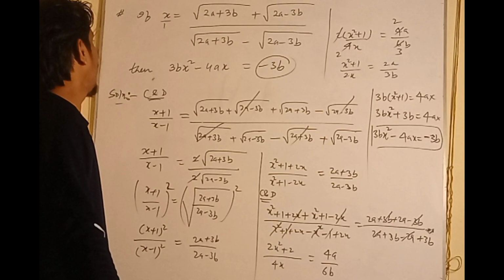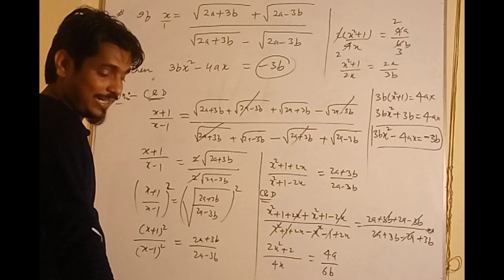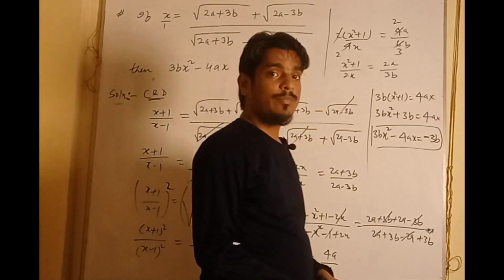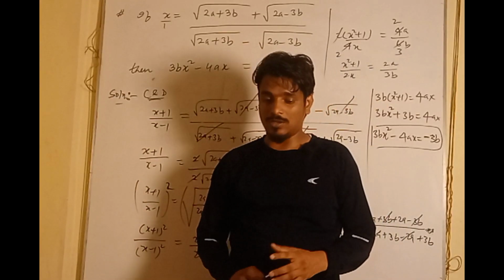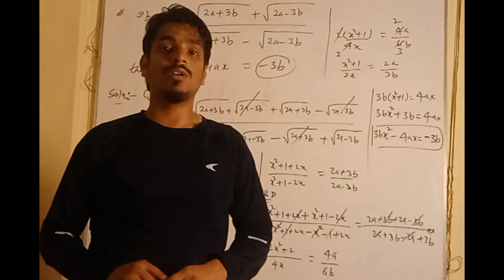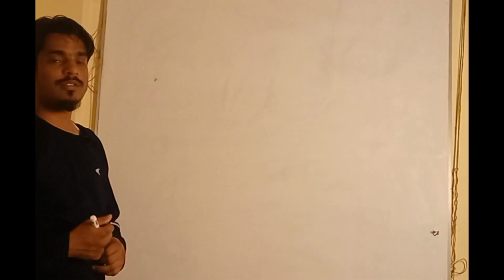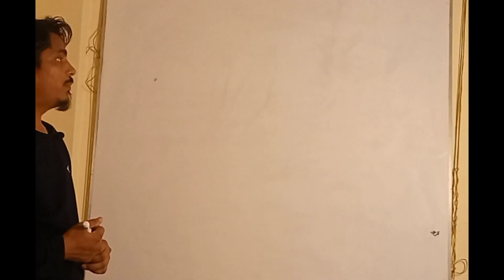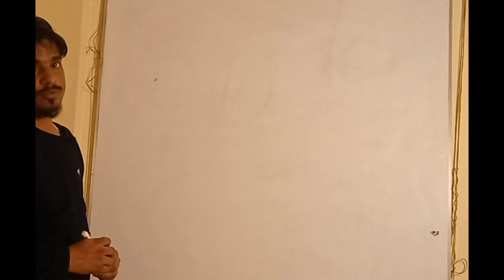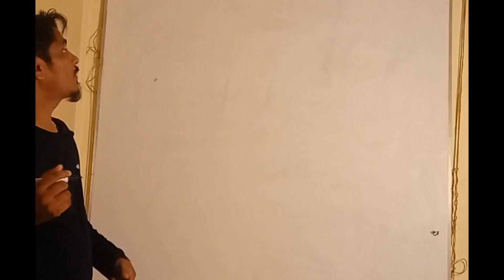Okay. So now let's move to the very important properties in ratio and proportion, that is the K method. Now let's see some more properties on ratio and proportion.